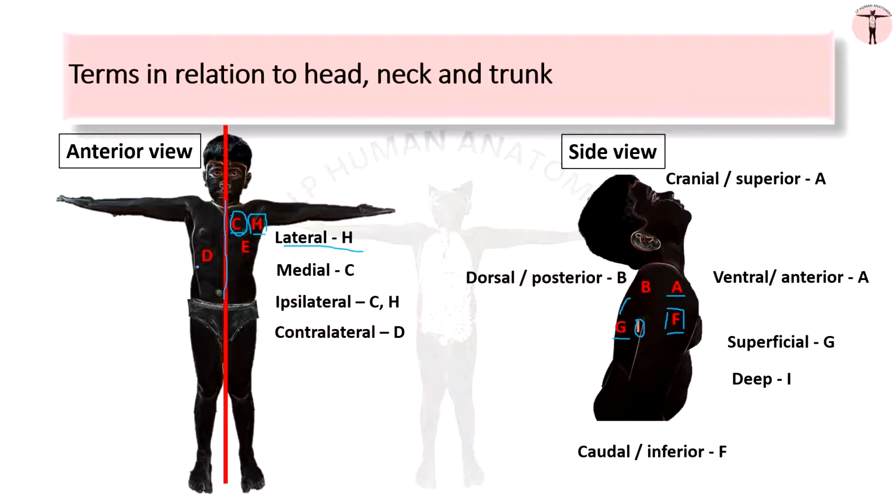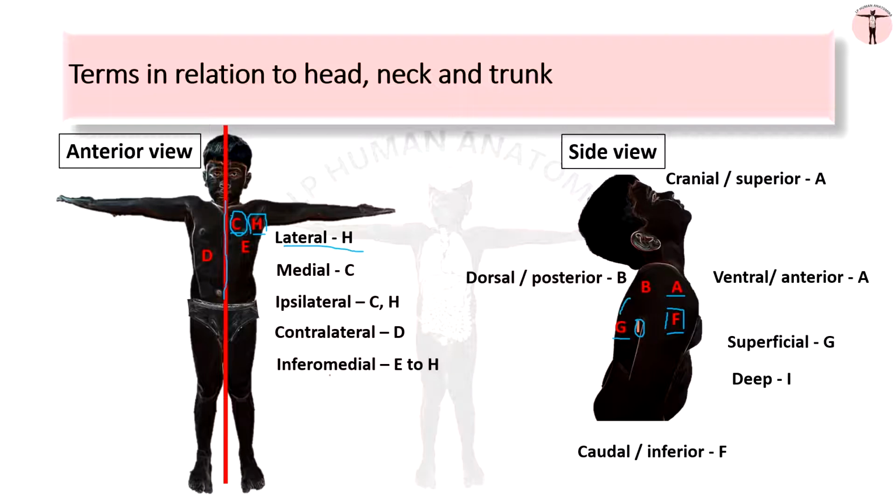So here when we take C, H and D, what happens? D is present on the right side and C and H are present on the left side of the body. So C and D are contralateral, H and D are contralateral, C and H are ipsilateral.